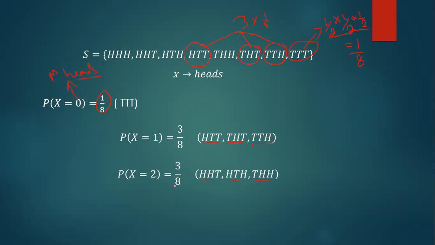What will be the next one? The next one is 3 heads, and that would only be once, head, head, head. Its probability would be 1/8.